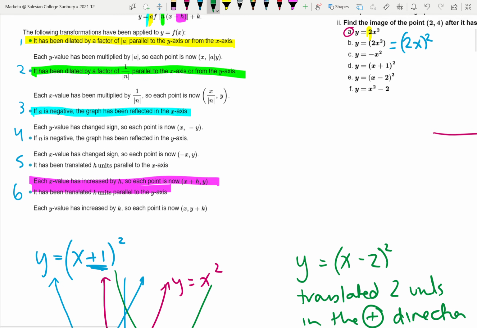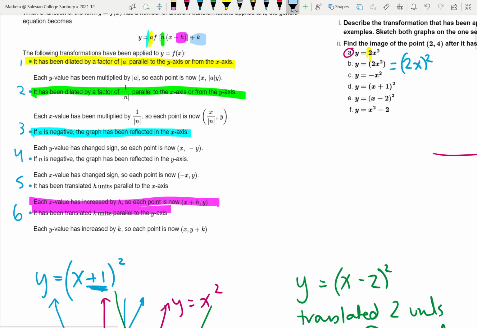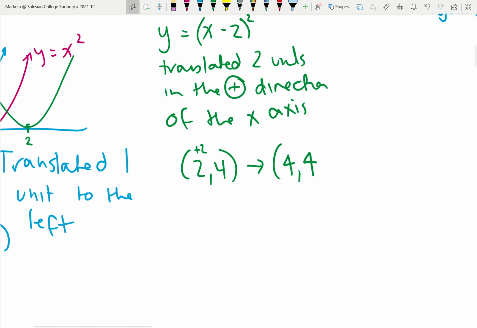So the last one now is our vertical shift, and we can see on the equation there that that's our plus k value. So if we're talking about the plus k value, then we are going to be moving up and down, and in this case down. So let's draw that one, x squared minus 2.